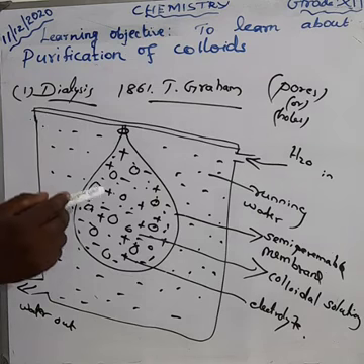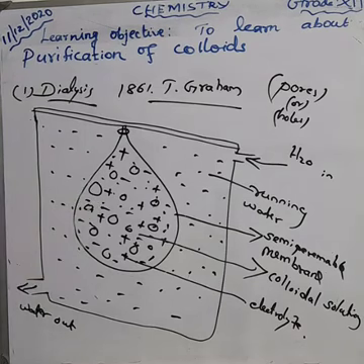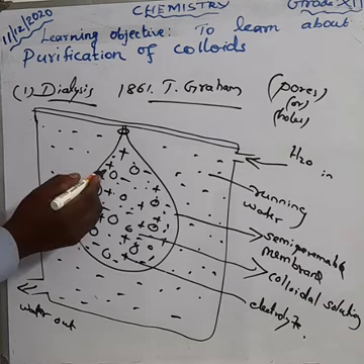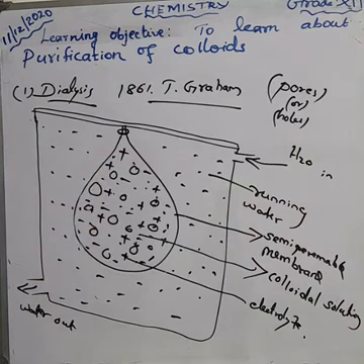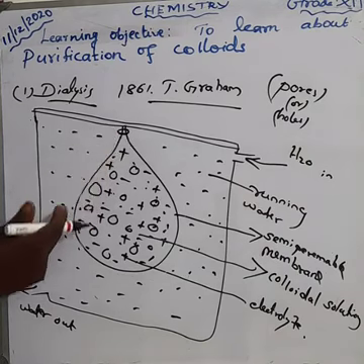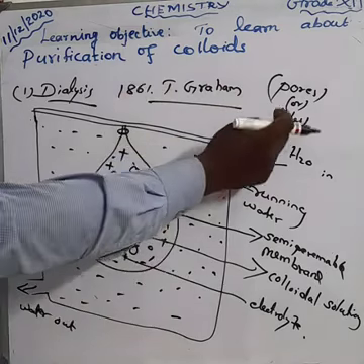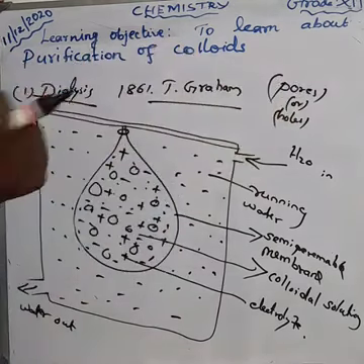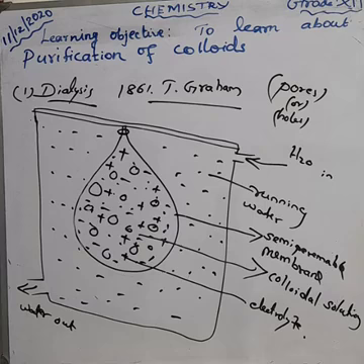The electrolyte diffuses through the membrane and is carried away by water. Diffuse means, as I told you, the semi-permeable membrane has small, minute pores. Pores means small holes.